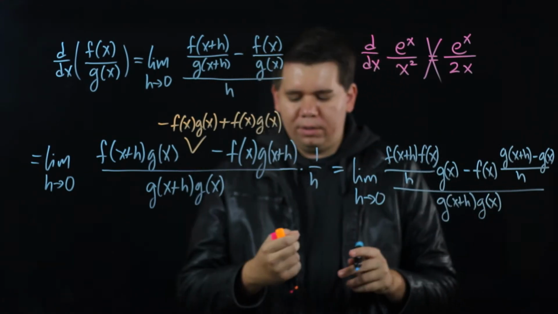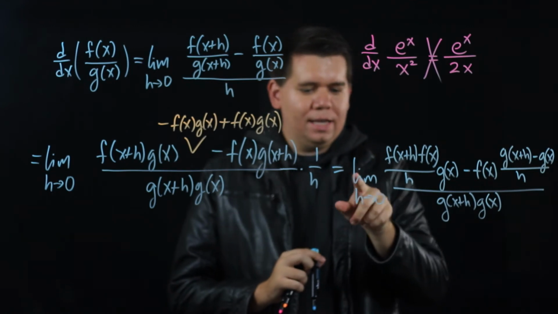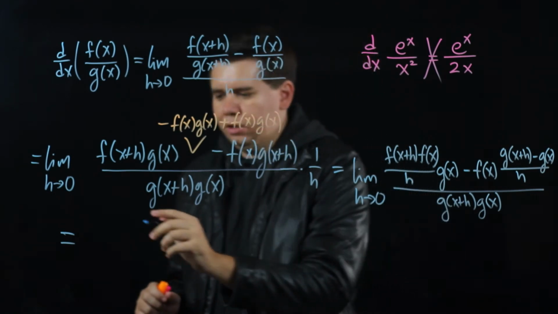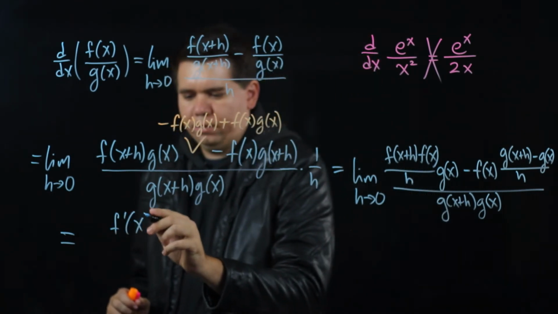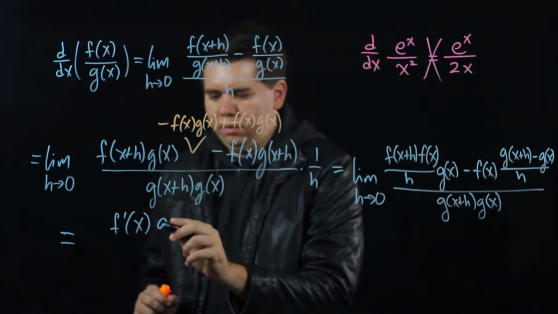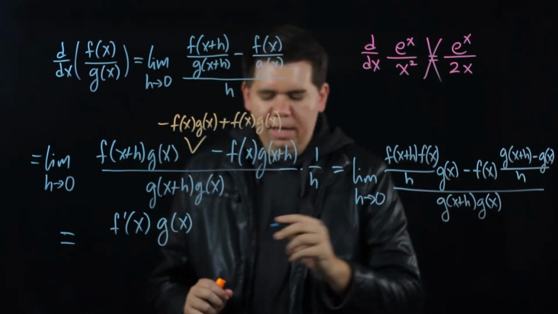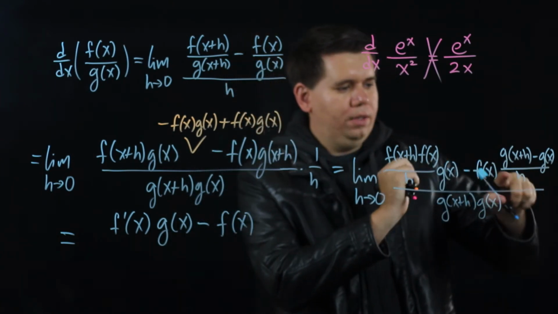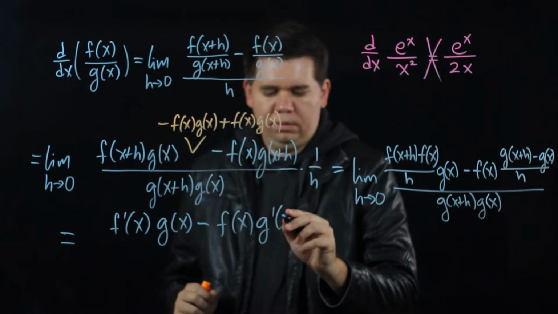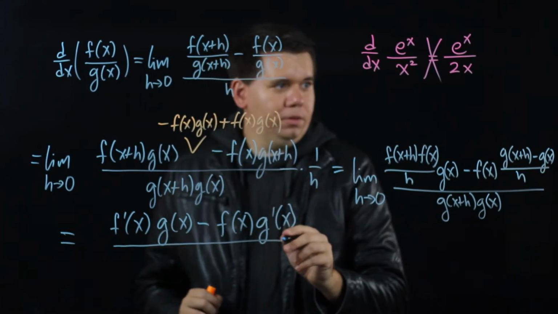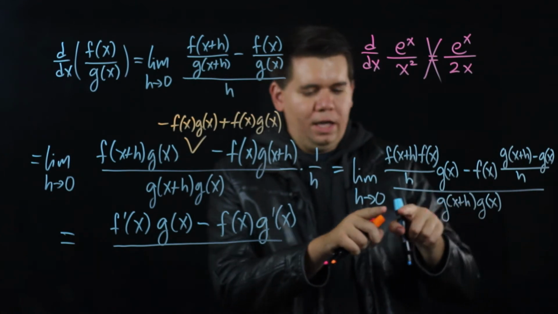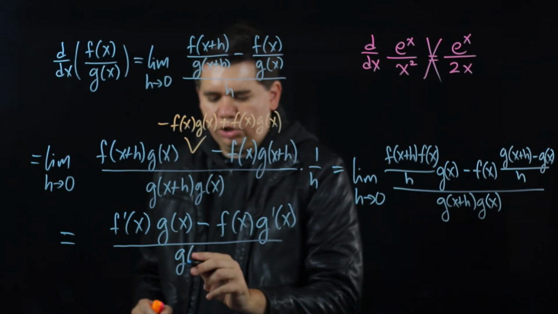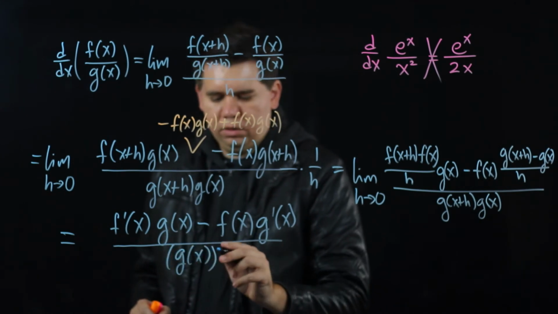What have we achieved? Well, let's look at all these pieces. As h goes to 0, this first piece on top is just the derivative of f times g, minus f times the derivative of g, all over, here I have g of x plus h, but as h goes to 0, that's just g of x, so g of x times g of x, so that's your g squared.